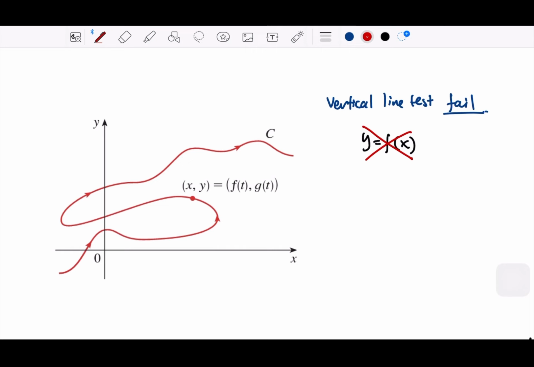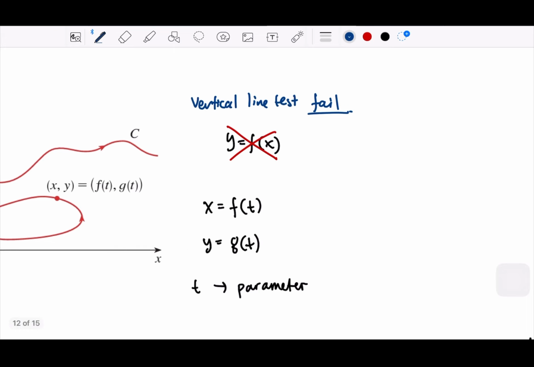The functions become x is f of t and y is g of t. So we call t the parameter, and these are called parametric equations.